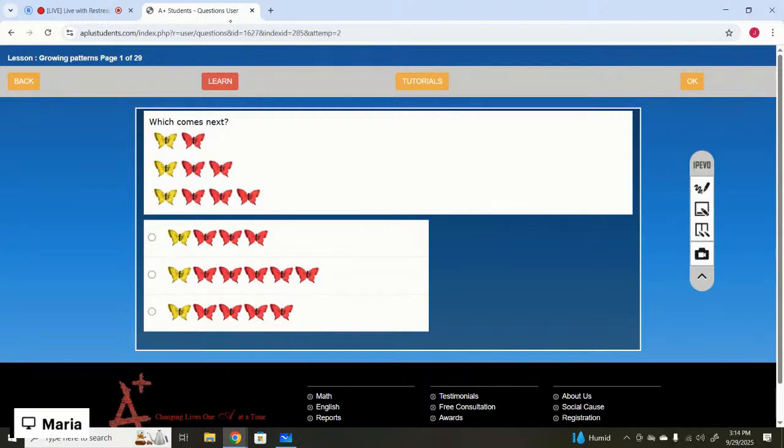A yellow and a pink butterfly. A yellow and two pink butterflies. A yellow and three pink butterflies. A yellow and four pink butterflies. Option number three is the correct option.